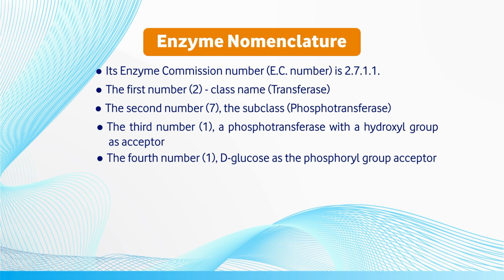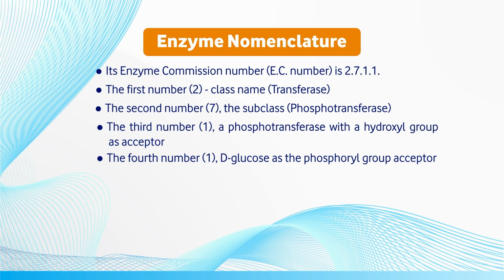The first number is 2. 2 represents the class name, that is transferase. The second number, 7, represents the subclass, that is phosphotransferase.